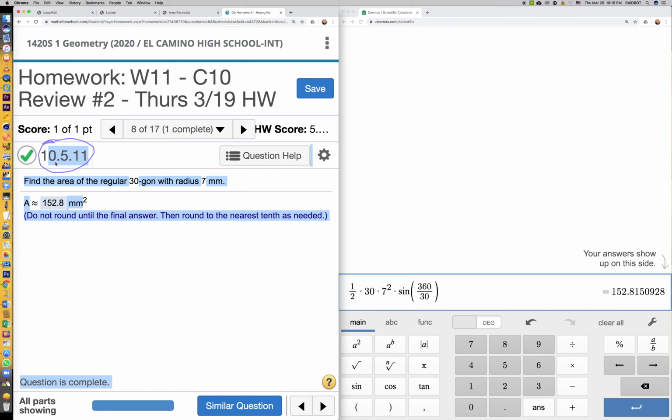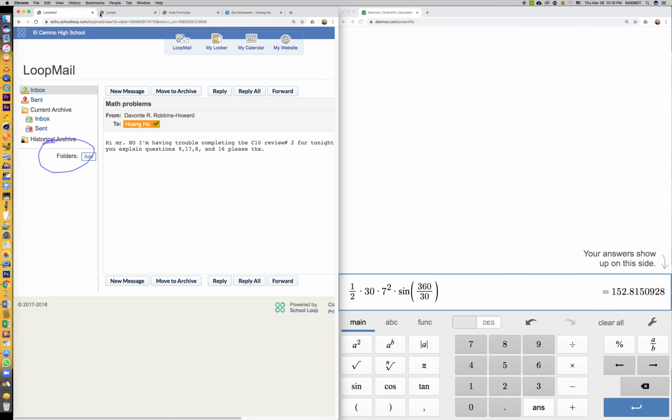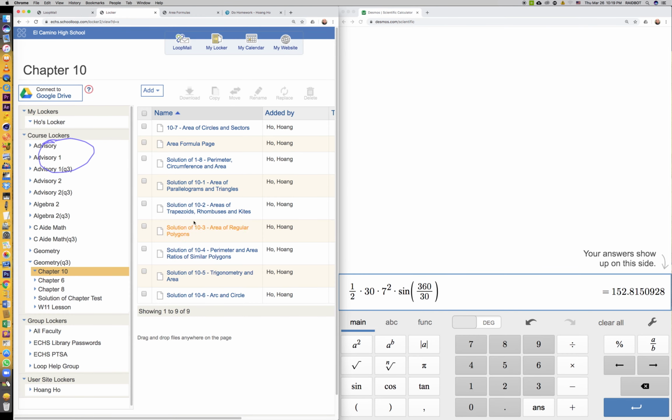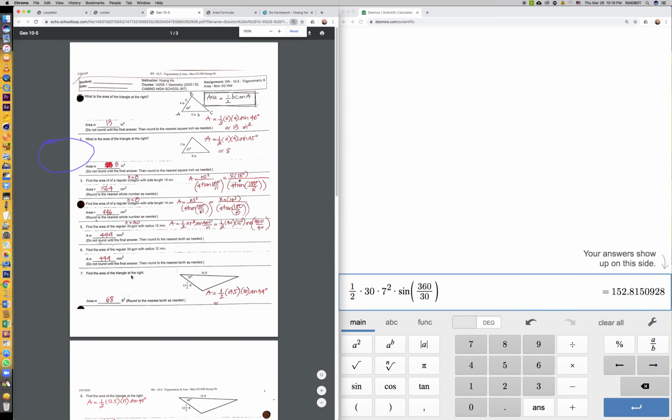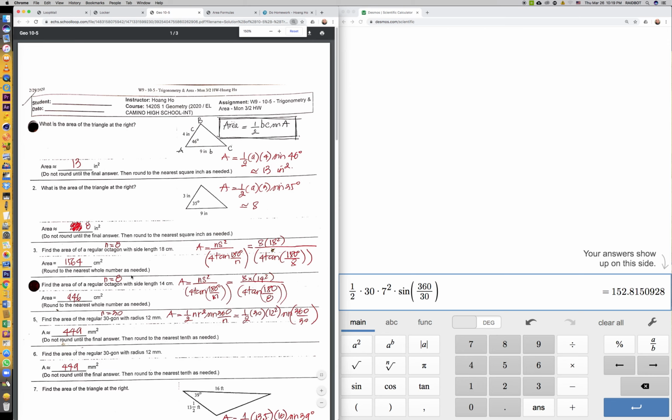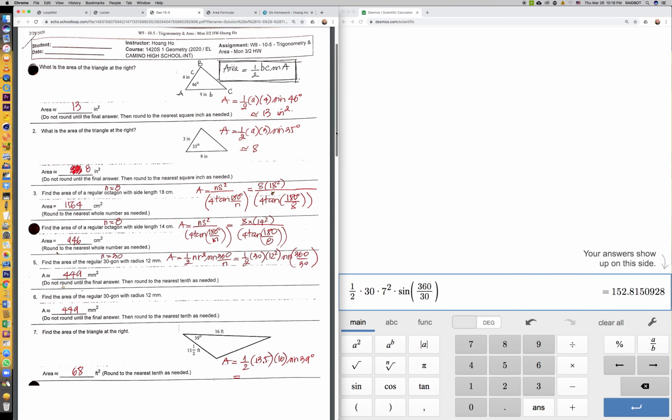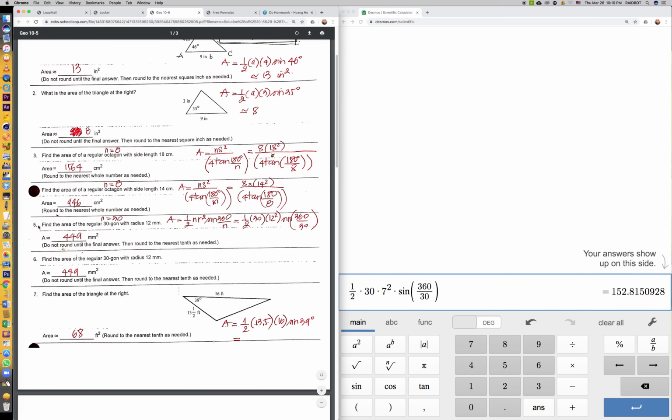It means this question already appears in the solution of 10.5. So let's go back to the locker, 10.5 right here, solution of 10.5. You click that, and then let's go and find that question. Voila, number 5 right here.